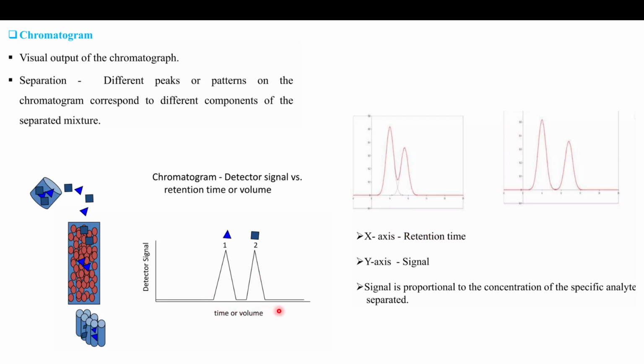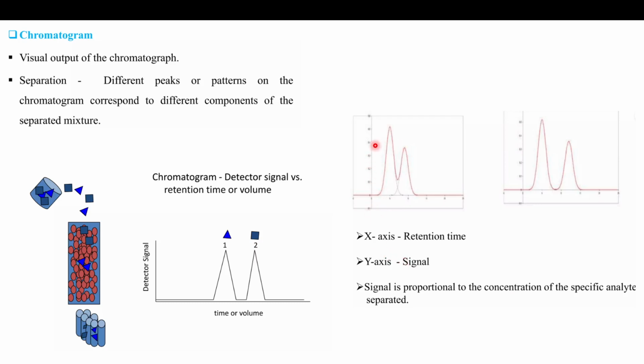Either it can be retention time or the retention volume. Volume is basically because the mobile phase constantly keeps on moving, right? So at what volume of the buffer or the elution buffer is your sample of interest coming out or getting separated. The y-axis is basically the signal.